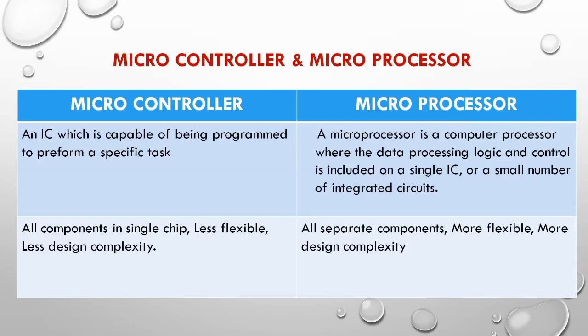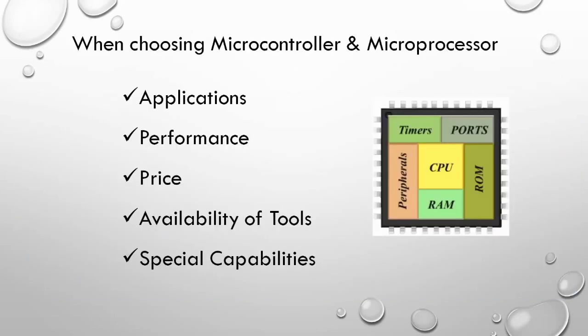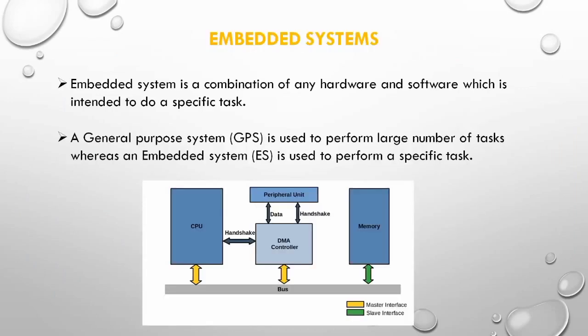In a microprocessor, they are separate components. A microcontroller is less flexible and a microprocessor is more flexible. Less design complexity and more design complexity. While choosing a microcontroller or microprocessor, we have to look at applications and performance, price, availability of tools, and special capabilities. These are the five major things to look at while choosing.